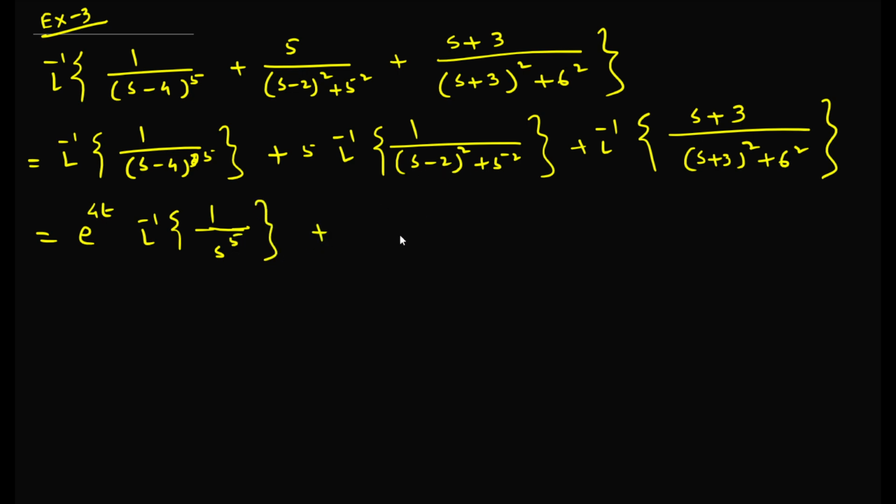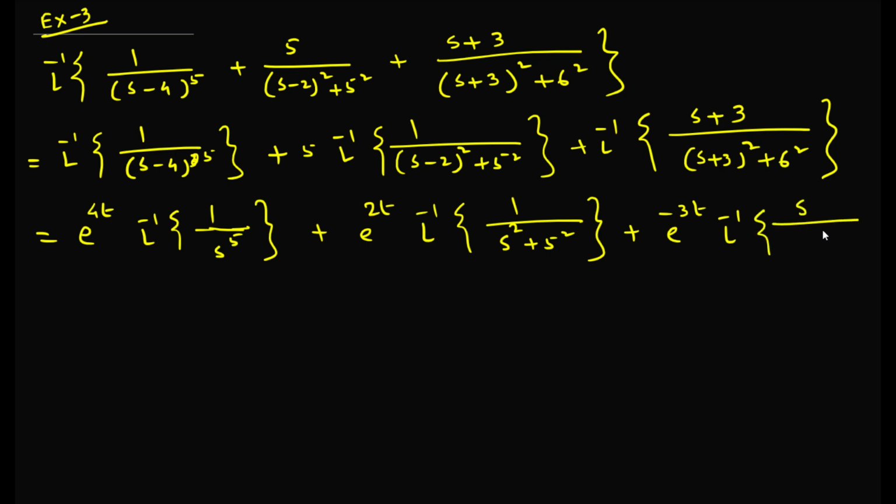Then for this term you have to write e to the power 2t, then this will reduce to 1 divided by s square plus 5 square, and for this here it is plus, no, so e to the power minus 3t L inverse, in place of s we are going to put s minus 3, cancel out, so this is our s divided by s square plus 6 square, right?